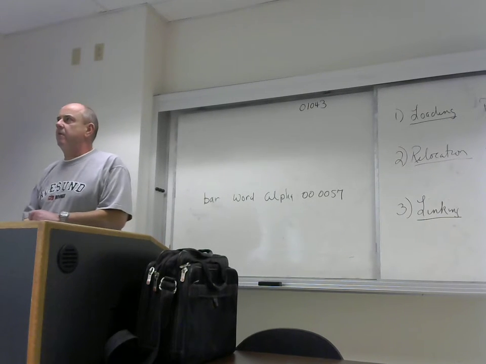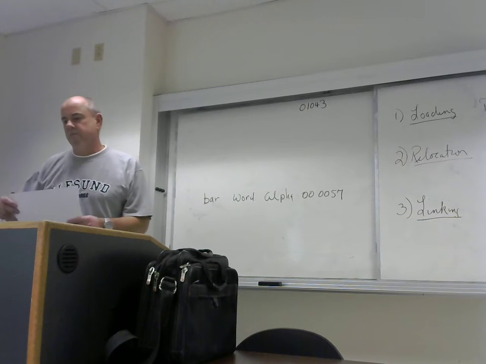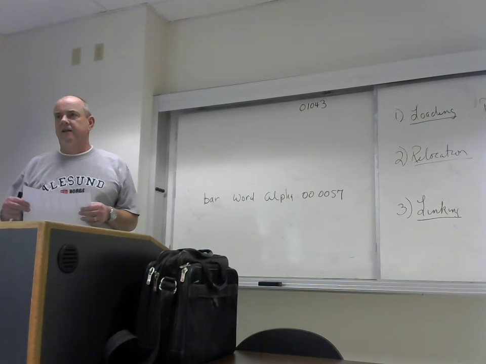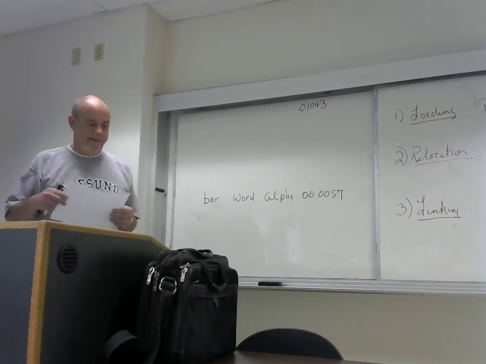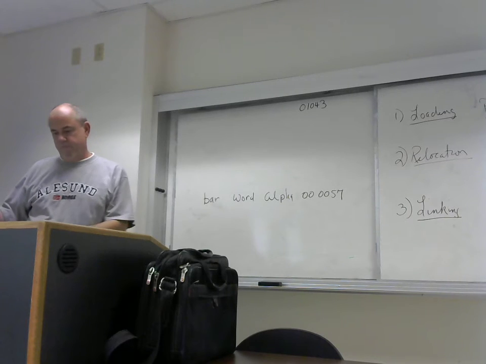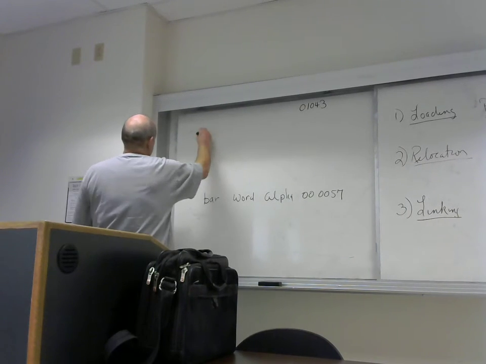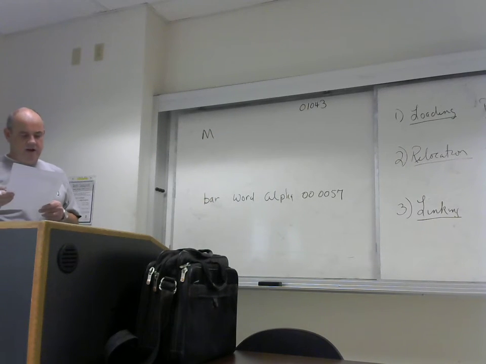So tell me what the modification record is going to look like. Now we need the address, which is 2 through 7.